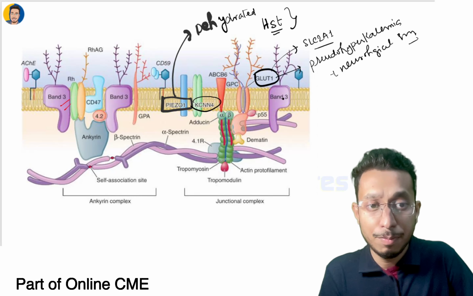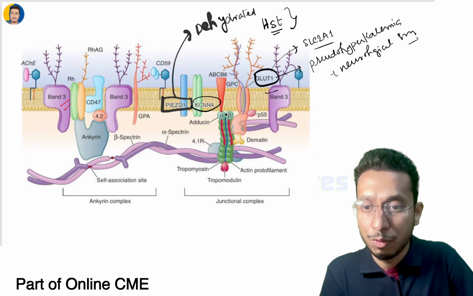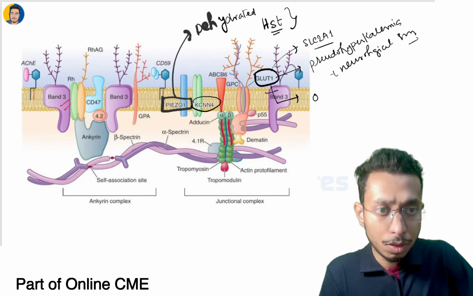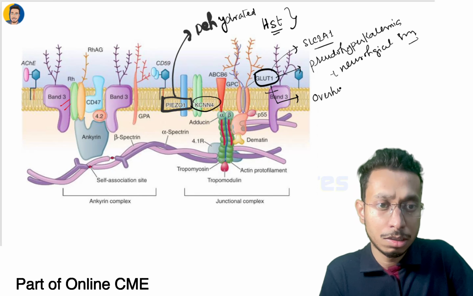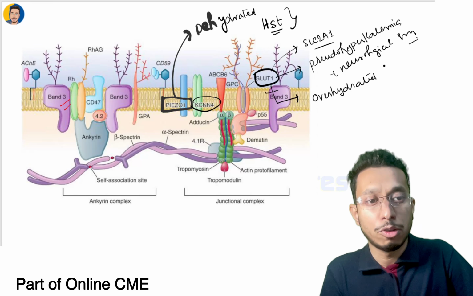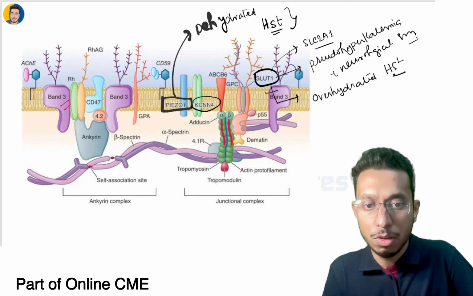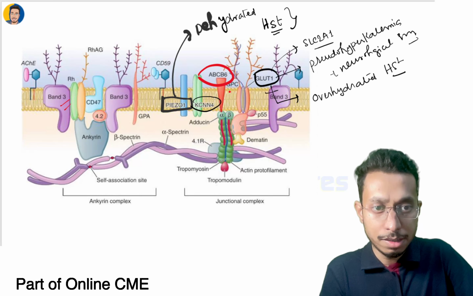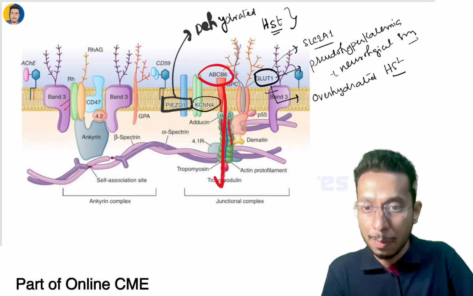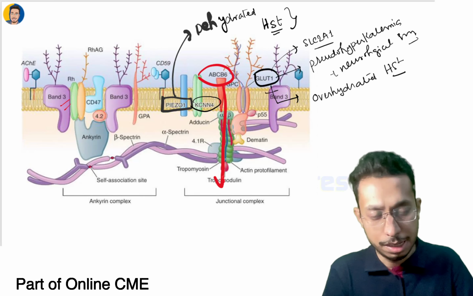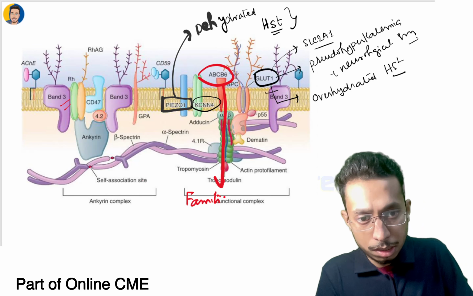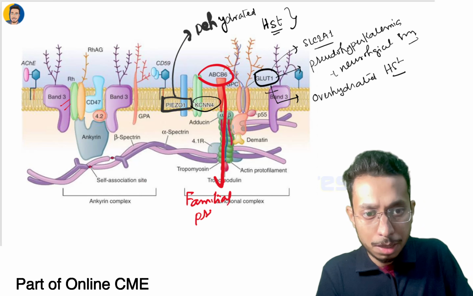And what differentiates this GLUT1 from piezo1 and KCNN4 is that this GLUT1 defect is associated with overhydrated hereditary stomatocytosis. Okay. So another important thing regarding ABCB6: ABCB6 is ATP binding cassette subfamily B6, associated with familial pseudohyperkalemia.